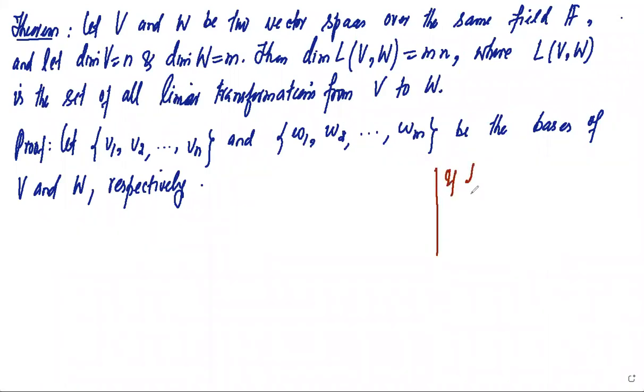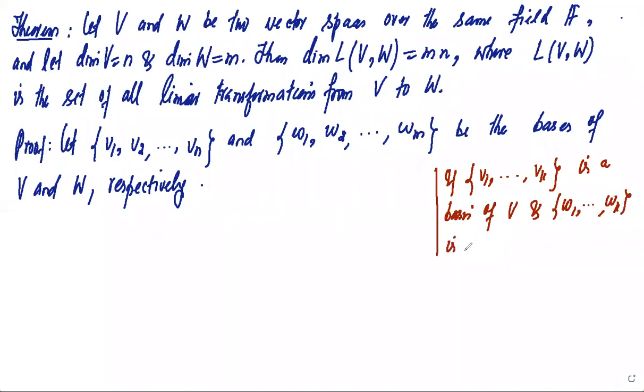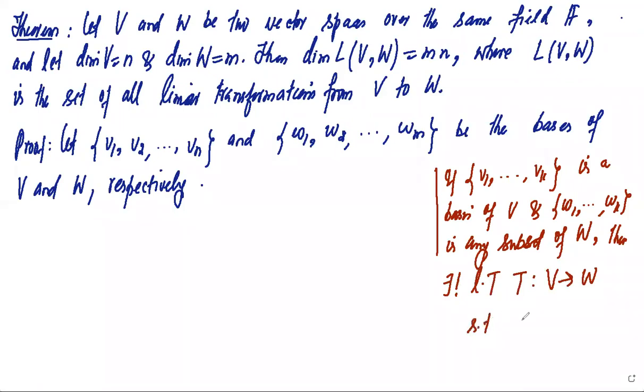If V1 to Vk is a basis of V, and W1 to Wk is any subset of W, then there exists a unique linear transformation T from V into W such that T of Vi is equal to Wi. Here the two k's do not need to be common; we can change this k.